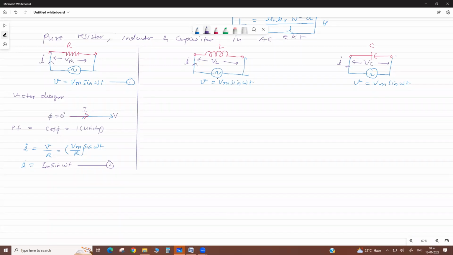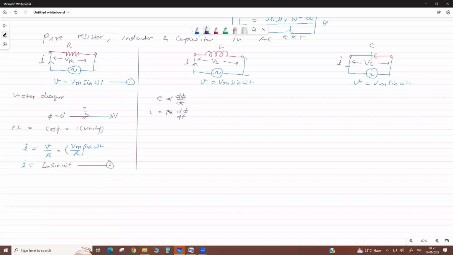But here, if we calculate the current in an inductor, according to Faraday's law, the induced voltage is directly proportional to the rate of change of flux, that is d by dt of N phi, so N d phi by dt.